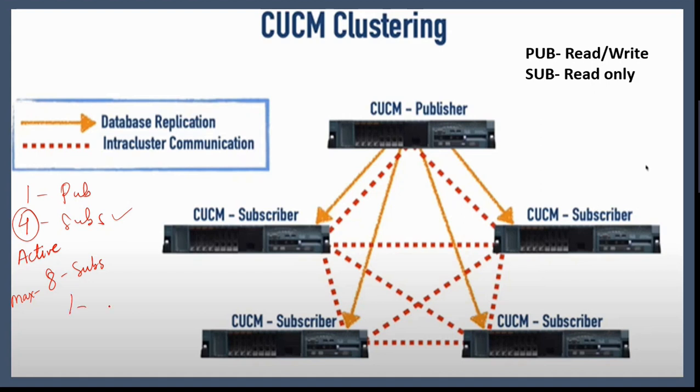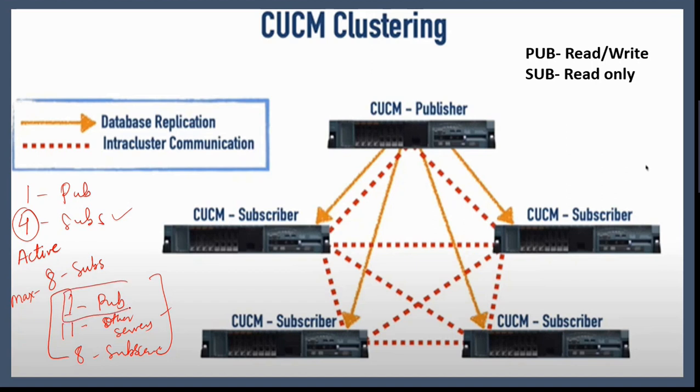In total, we have one publisher, 11 other servers also, and 8 subscribers. This is the total number of servers that can be in a CUCM cluster. Other servers are for IM and Presence, music on hold, and so on, for different services separately.